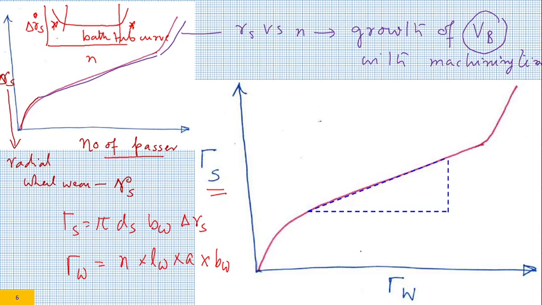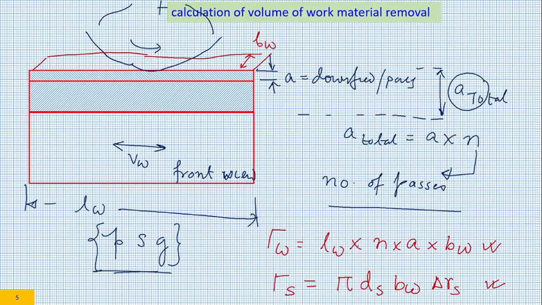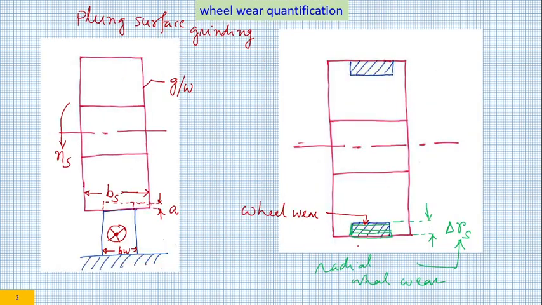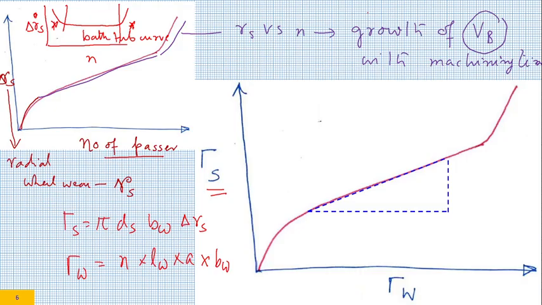Now, with what do I quantify wheel wear? Because we started with this particular premise of wheel wear quantification. How do I quantify wheel wear? I will quantify wheel wear by something which is called grinding ratio, which is 1 upon this slope.